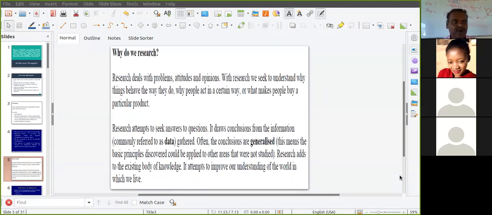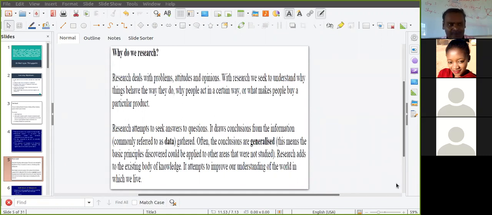So research is about understanding the problems, attitudes, and opinions of particular individuals or groups. In simple terms, what we are doing in our research work is attempting to seek answers to the questions which we developed.